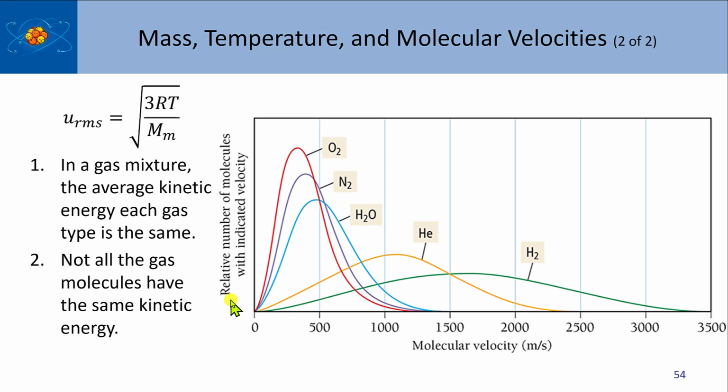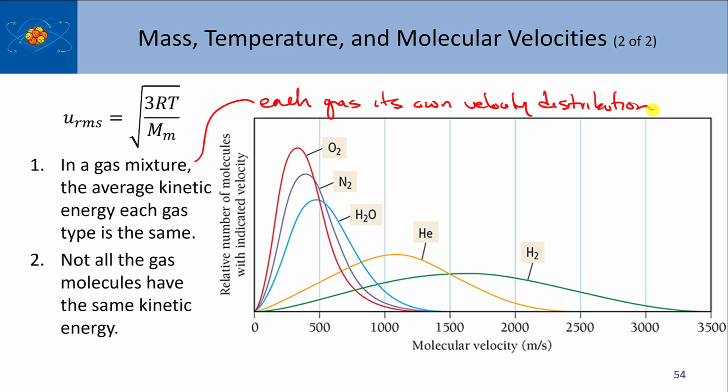So in a mixture of gases, the average kinetic energy of each gas is the same, which means the velocities are all different. So each gas has its own velocity distribution. And lighter gases on average move faster than heavier gases at the same temperature.